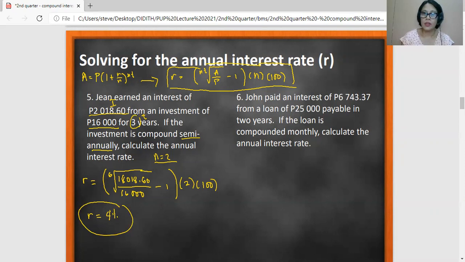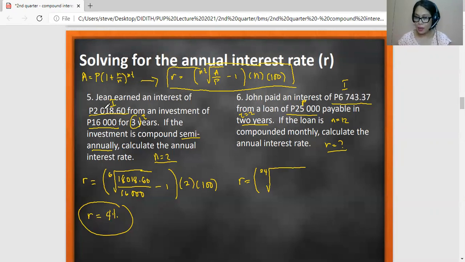Now, John paid an interest of 6,743.37. So this is the interest. This is the principal amount. Then payable in 2 years. So T equals 2, and if the loan is compounded monthly, your N again is 12. Calculate the annual interest rate. So we are asked to solve for the annual interest rate. So R here is equal to N times T, so we have 2 times 12. So we have the 24th root of 25,000 plus 6,743.